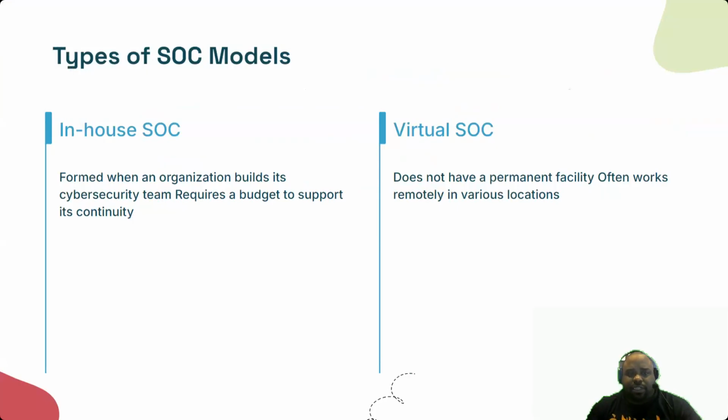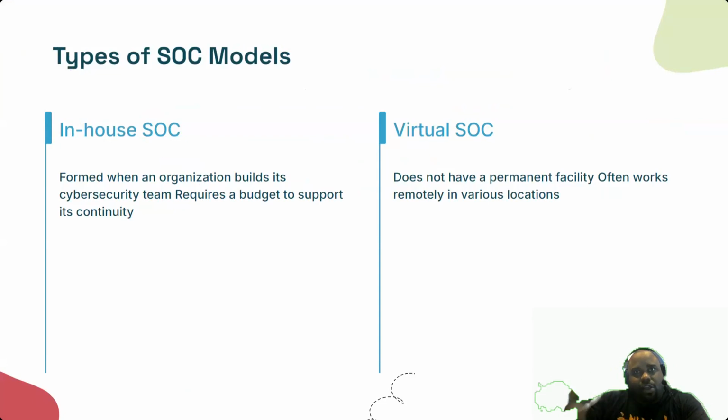One of the aspects of which model my organization goes with is going to be a cost thing. So it costs more to have an in-house SOC, but on the flip side of that, it centralizes things.